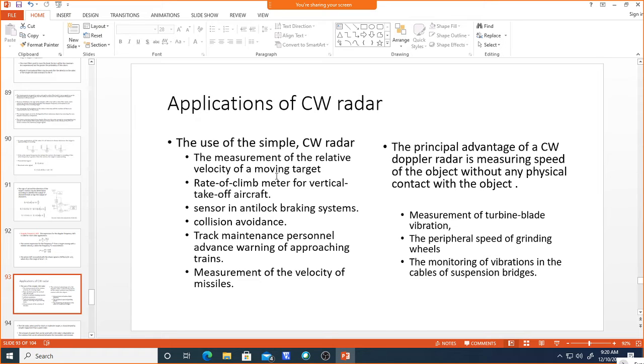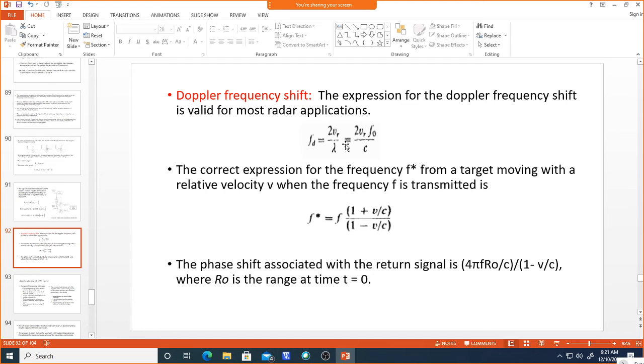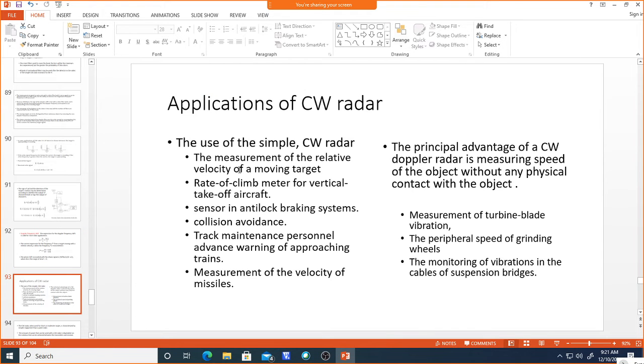If you take any moving target, we can measure the relative velocity. We have seen the equation. By using this equation, we can estimate the relative velocity of any moving target, whether it is a bird or a person, whatever it is. So that is one of the applications.